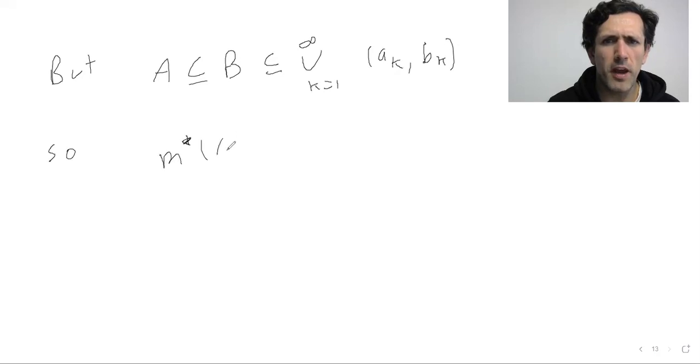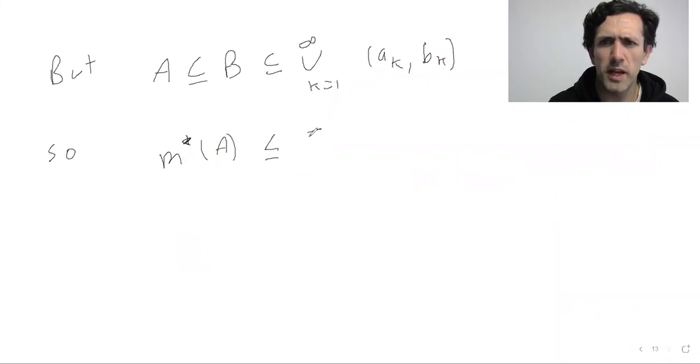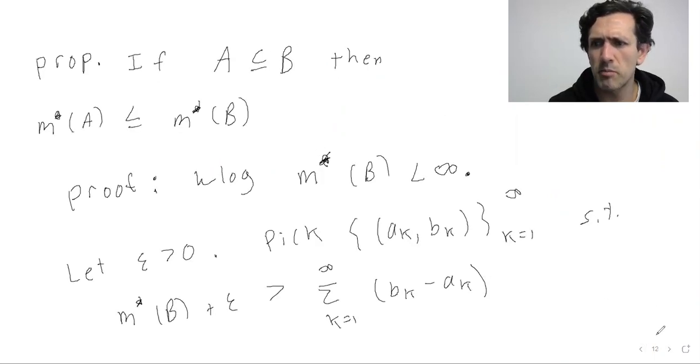Well, m star of A is a lower bound of all these sums. So m star of A is less than or equal to this one particular sum. But this particular sum is less than m star of B plus epsilon.